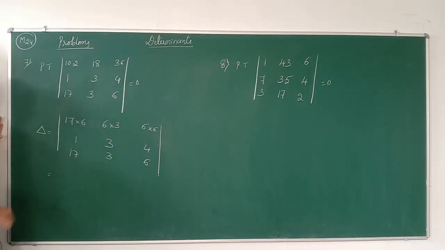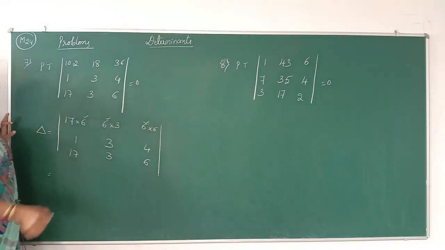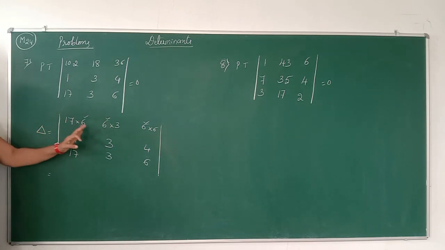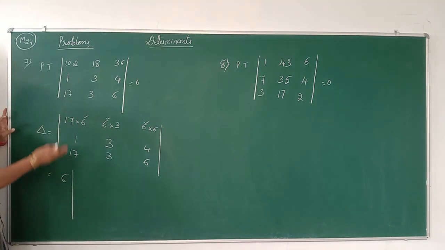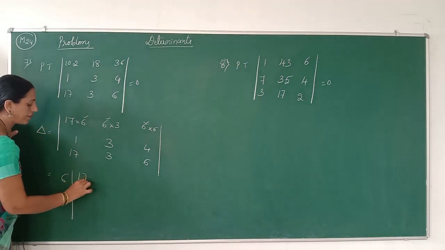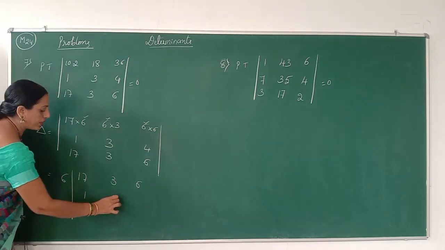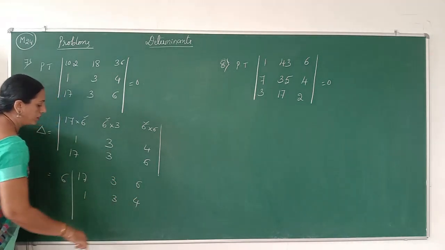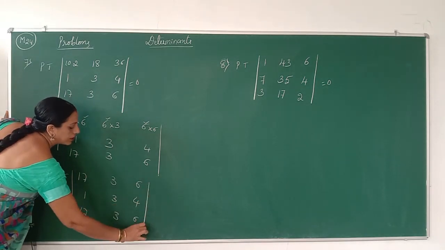After that, we observe that all the elements of the first row are multiples of 6, therefore 6 is a common factor. The remaining elements are 17, 3, 6 in the first row, the second row is 1, 3, 4, and the third row is again 17, 3, 6.